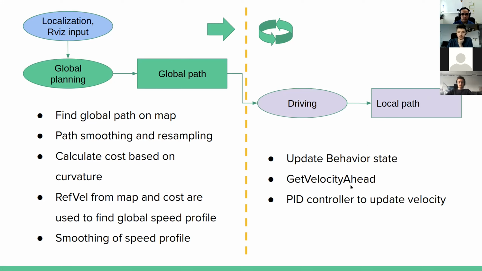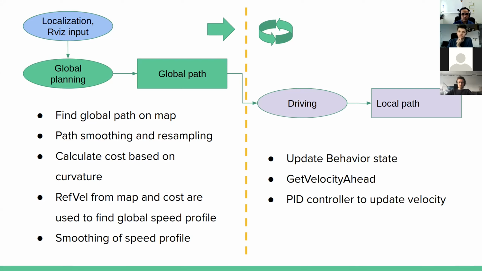There is this function, get velocity ahead, that looks ahead and modifies the speed profile for the global path during runtime. And there were also PID controllers to update the velocity in OpenPlanner.